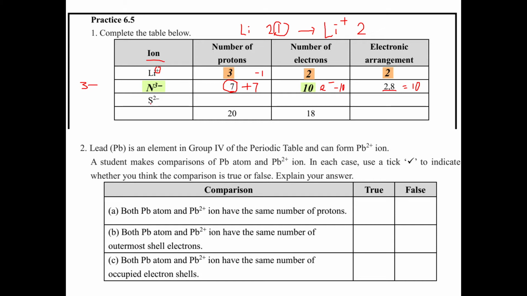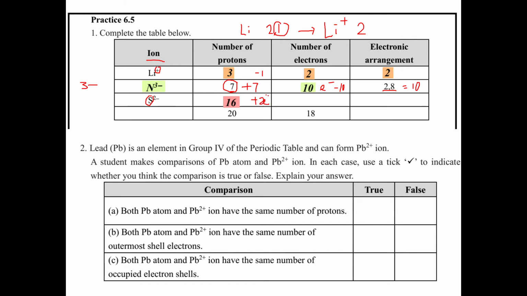Next one is S2 minus. S belongs to 16, so there are 16 protons, and it should have 16 electrons for the sulfur atom. But now it has become an ion. Minus 2 means 2 more electrons.